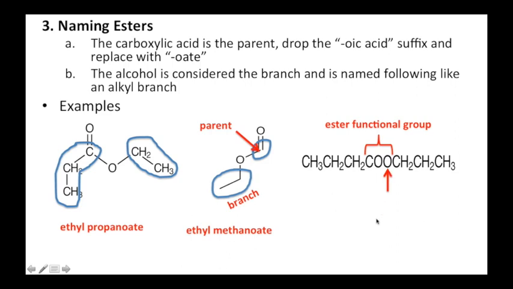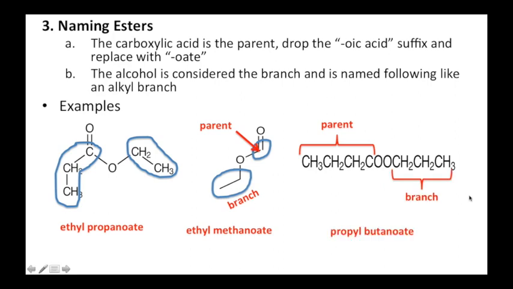This is the single bond. Anyway, this is the oxygen to which the branch is attached. So that's the parent, that's the branch. So my branch is 1, 2, 3 propyl, 1, 2, 3, 4 butane, drop the E, add OATE. Propyl butanoate.